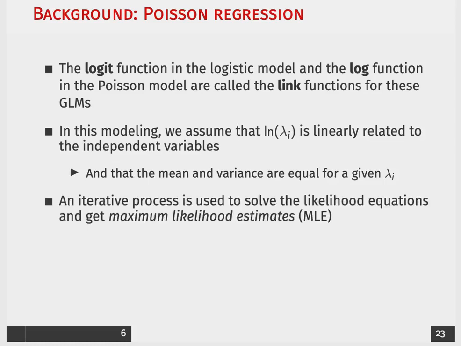In order to estimate this model, we're going to use an iterative process called maximum likelihood estimation that is essentially going to use calculus to slowly approximate a likelihood function.